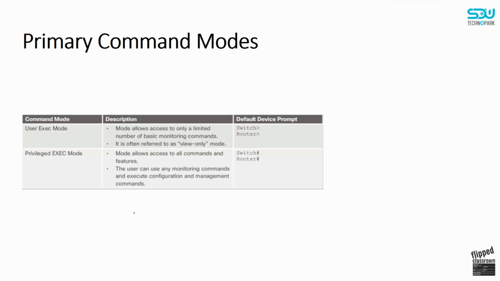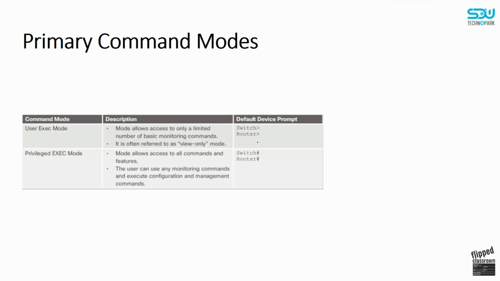You are able to monitor some information from the router or switch, but it will be very limited. Whereas privileged executive mode allows access to all commands and features, and starting from this mode you are able to impact the functionality of the router.